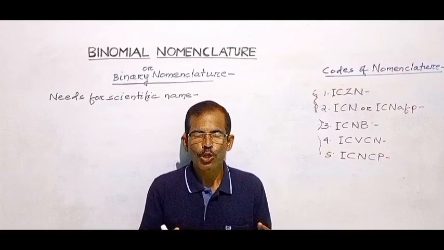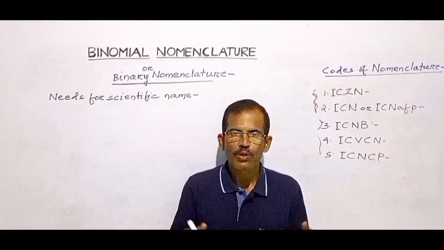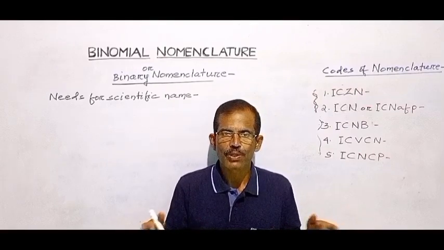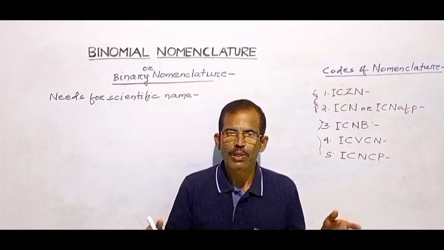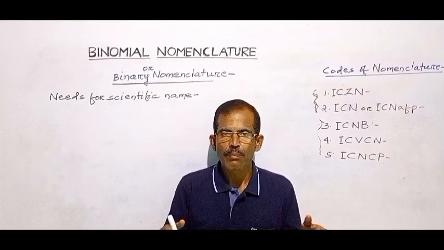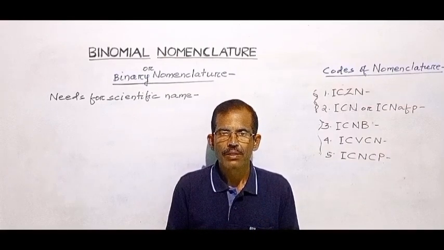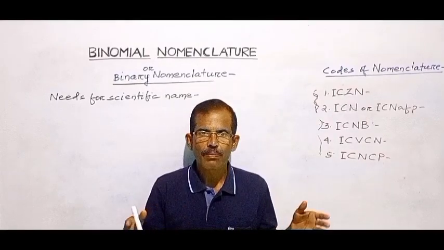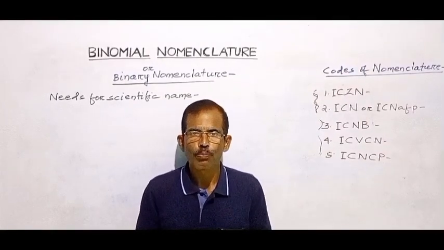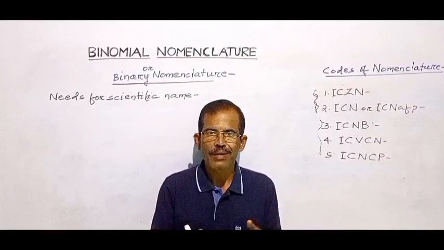These names do not provide any information about the generic or family relationship of the species. Frequently, for widely distributed plants, many common names may exist for the same species in the same language, in the same or different localities. Additionally, in some cases, two or more unrelated species are also known by the same common name.